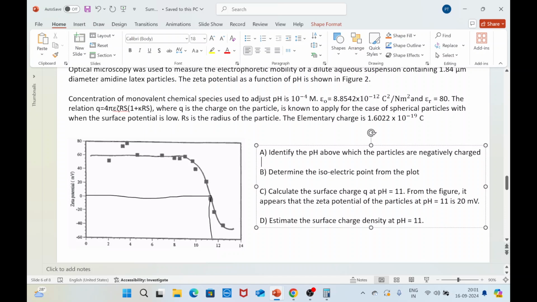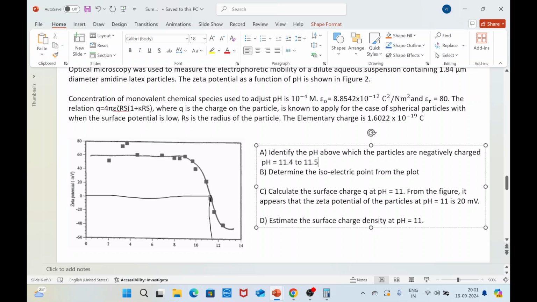So this is simple. The pH is 11.4 to 11.5.